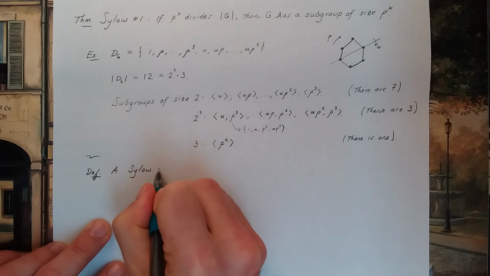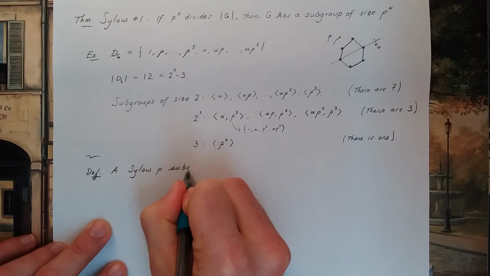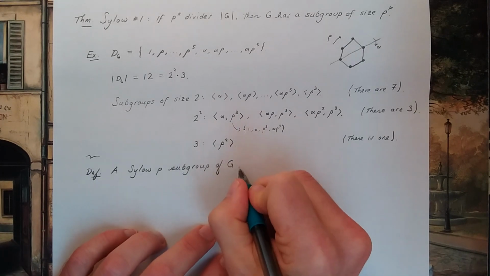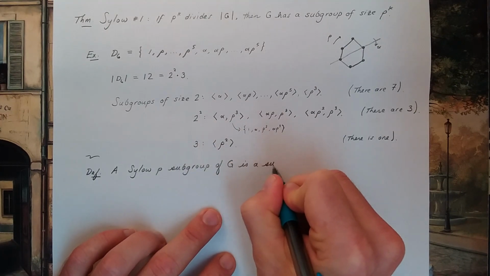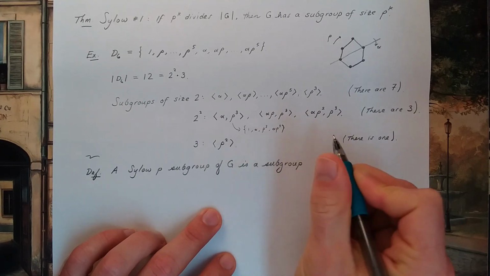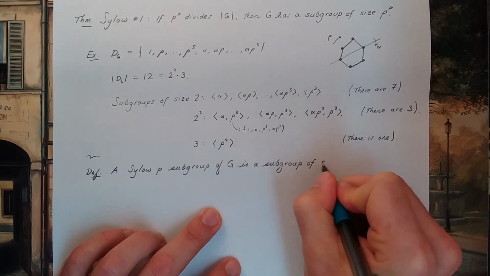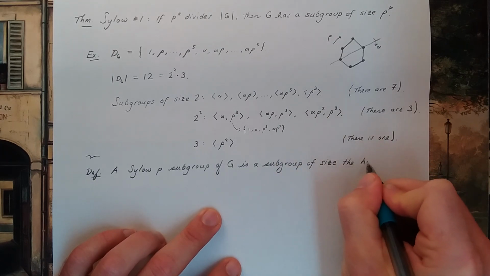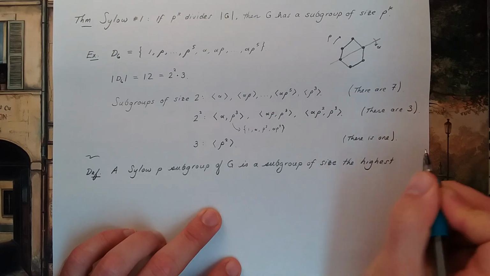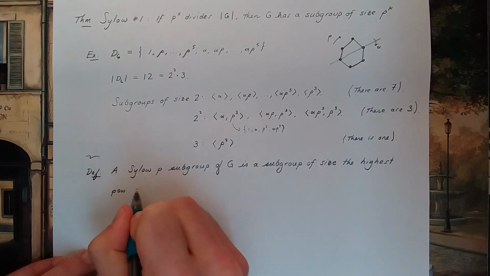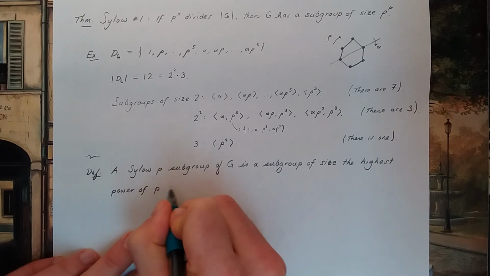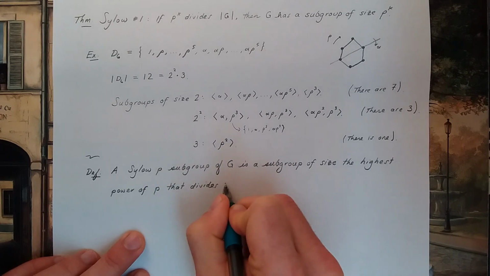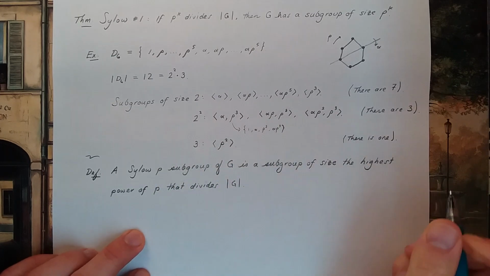A Sylow p-subgroup of G is a subgroup of size given by the highest power of p that divides the size of the group.